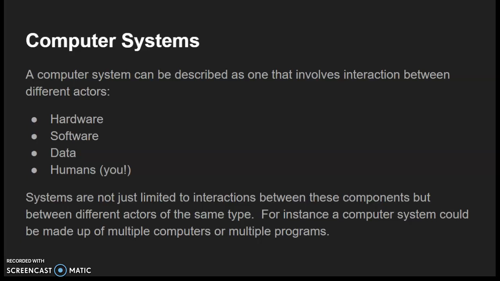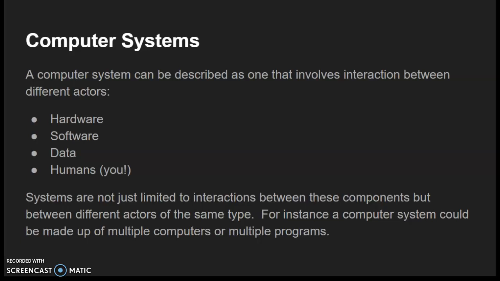When we're talking about the different actors and the interactions, we talk about hardware, software, data, and ourselves, humans, the people that interact with all these: the hardware, software, and of course data, the stuff that we do on the computers to get out some information and look at it. So systems are not just limited to interactions between these components, but between different actors of the same type.